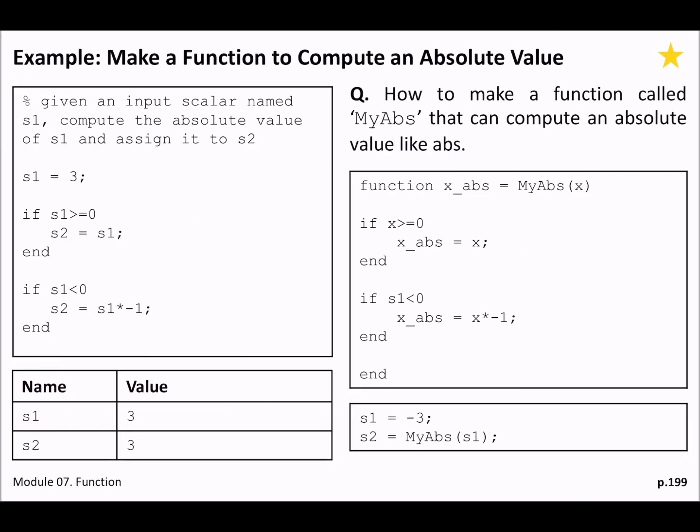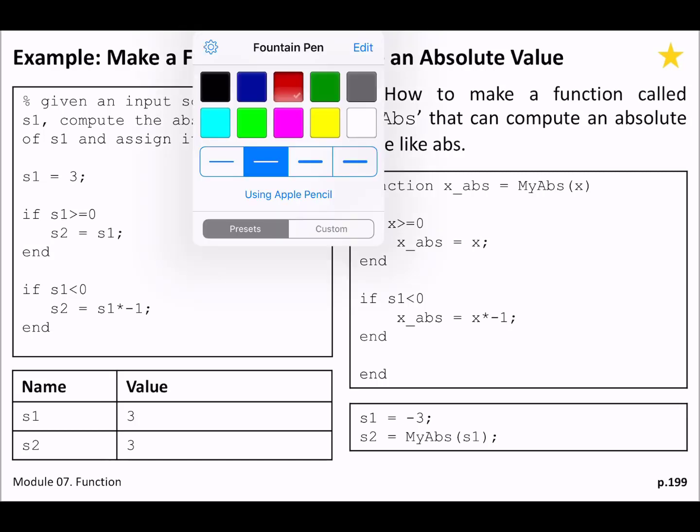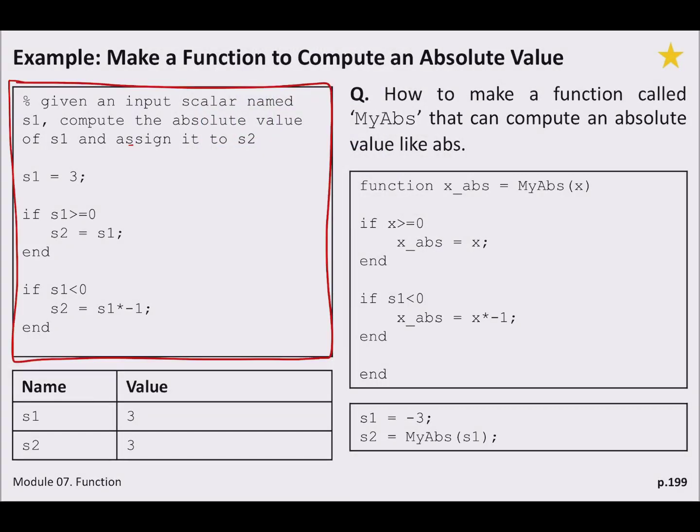Okay, here's a very simple example. We learned about the absolute function and how to make this operation using the if statement or the relational operator. Similar to the absolute function, how do we make our own absolute function to replicate this same operation? Here's the script that we already worked on.